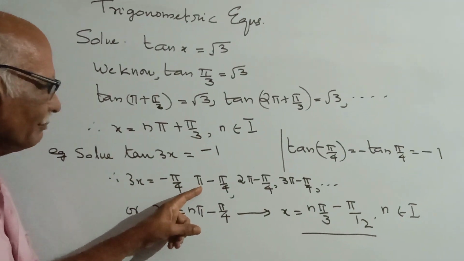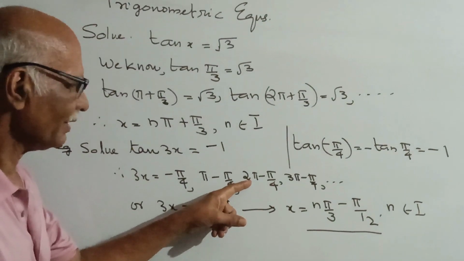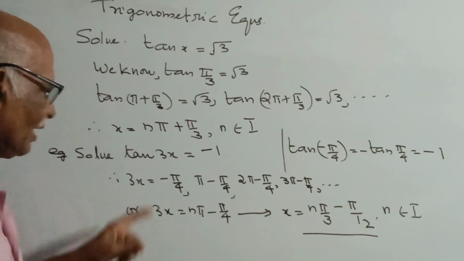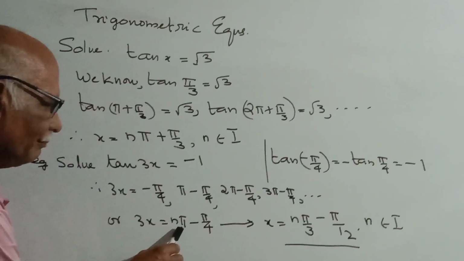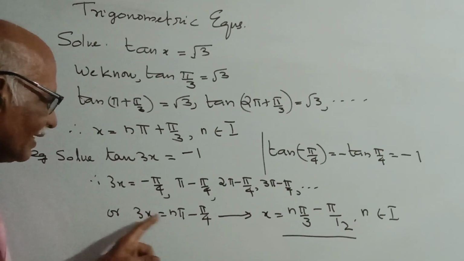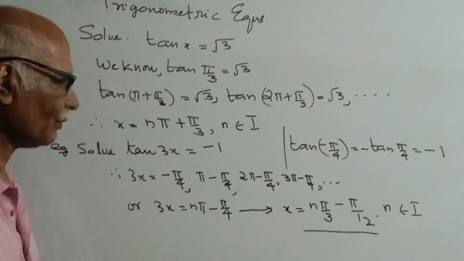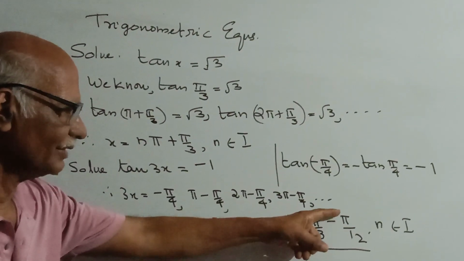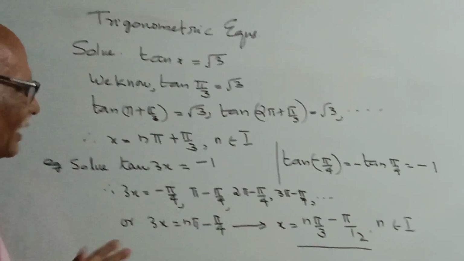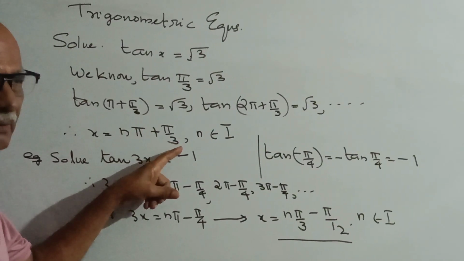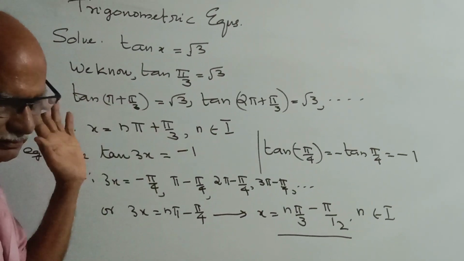Then it can be pi minus pi by 4, 2 pi minus pi by 4, 3 pi minus pi by 4, etc. Actually 3x is n pi plus minus pi by 4, or x is n pi by 3 minus pi by 12. Actually the formula worked out is n pi plus the principal value of the angle.